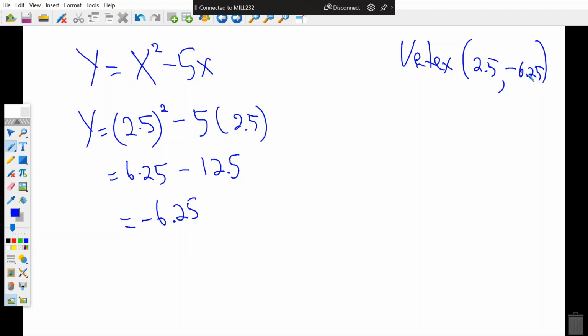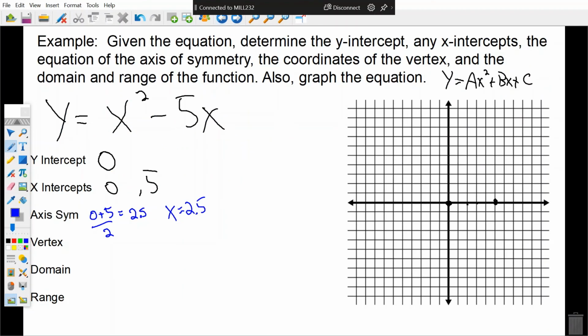All right. The vertex is 2.5 and negative 6.25. Once you have your vertex and your intercepts, you can draw your graph. I've got a y-intercept here, an x-intercept here, an x-intercept over here. My vertex is 2.5, and negative 6.25.